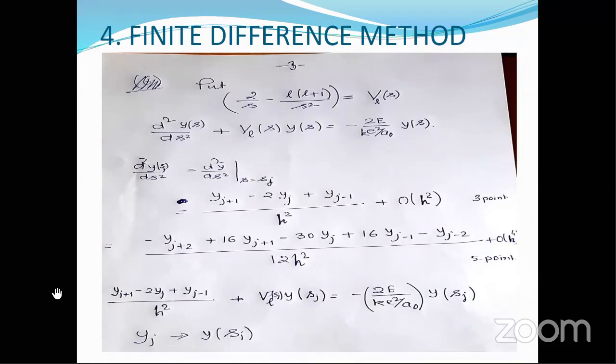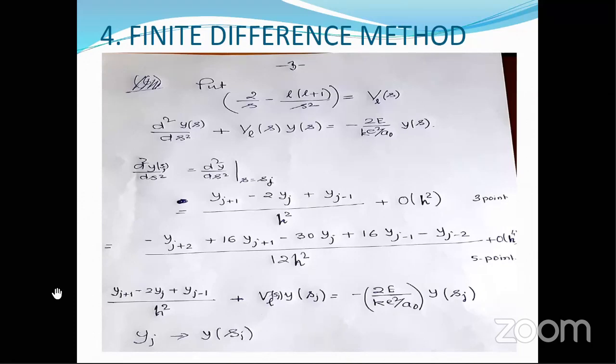The equation is what is written out there. V(s) is 2 upon s minus l into l plus 1 upon s square, and on the right hand side you have the energy term, and y(s) as usual. Suppose I use the 3-point formula to write down the second derivative. How do I go about it?